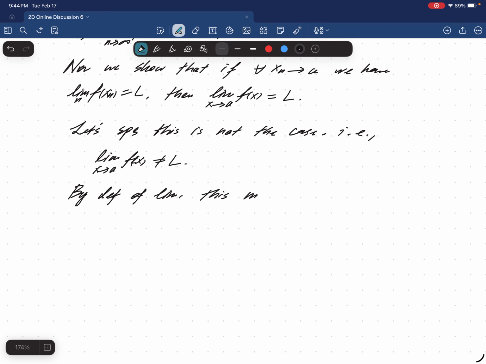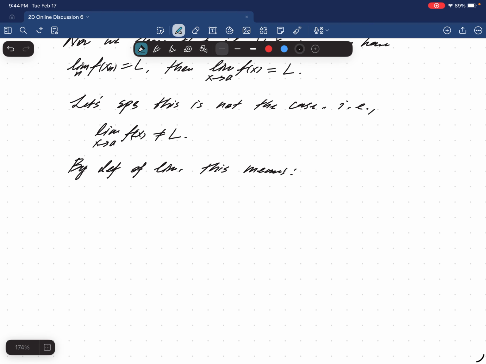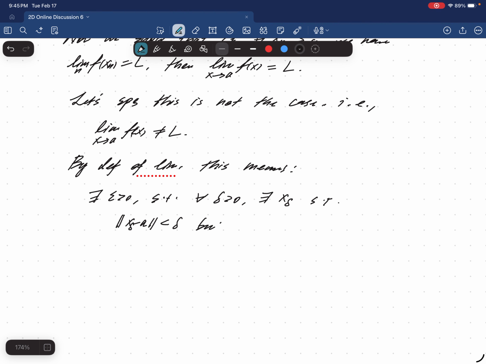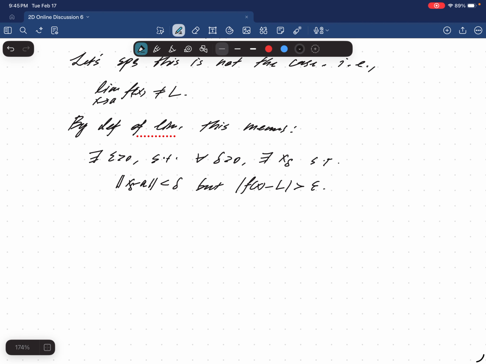This means that there exists an epsilon larger than 0 such that for all delta larger than 0, there exists an x depending on delta such that x delta is close to A within delta, but the distance between f(x) and L is strictly larger than epsilon. Right, so we're just negating the definition of the limit.